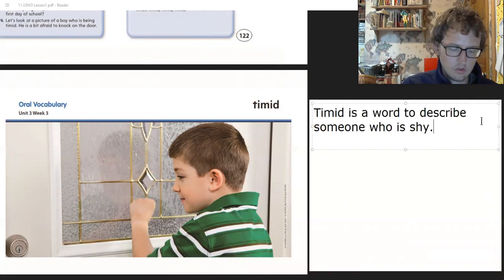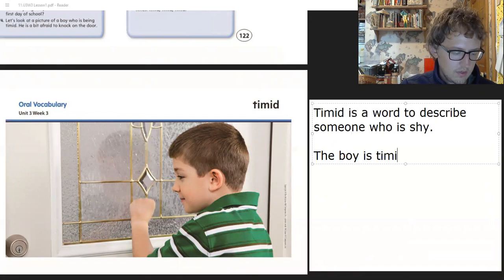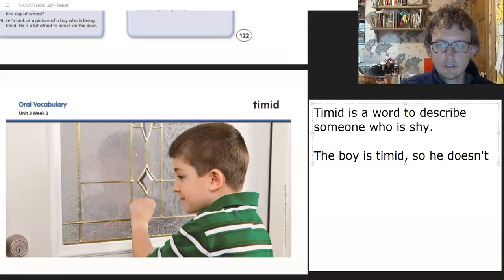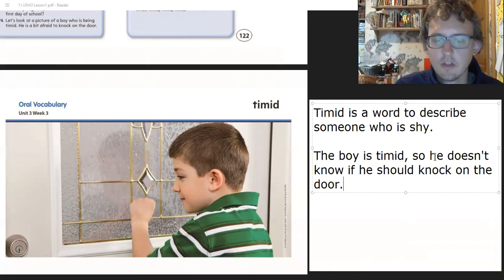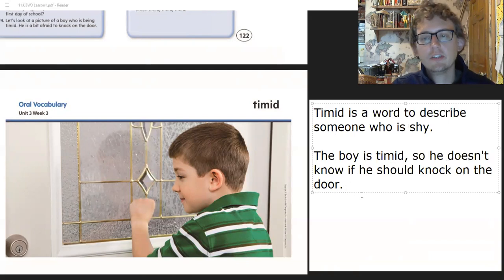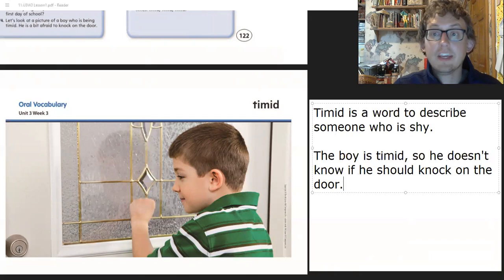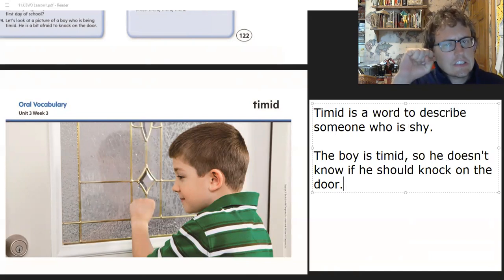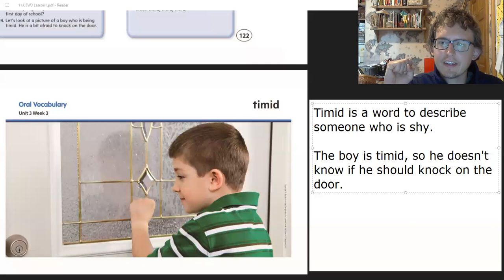Okay, so the boy is timid, so he doesn't know if he should knock on the door, right? So maybe he's shy and he's too shy to knock on the door and talk to the person or talk to his friend who's in this house, right?